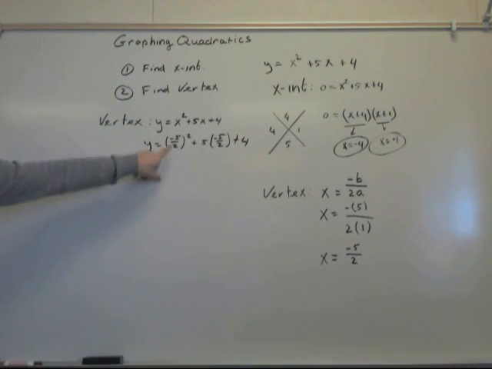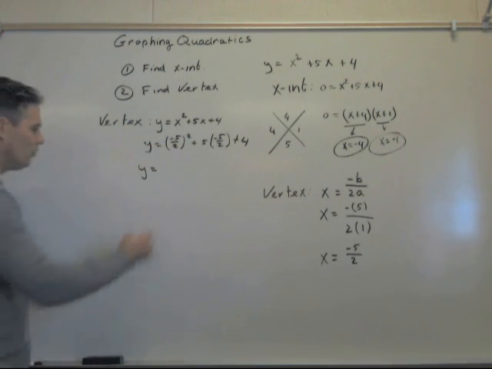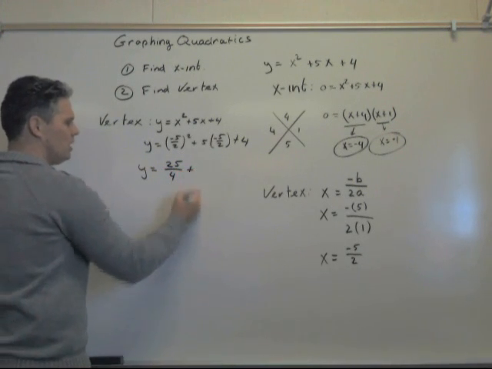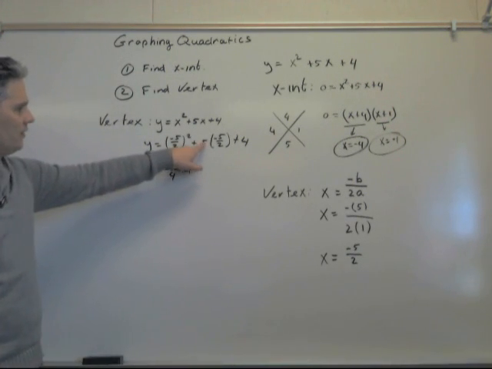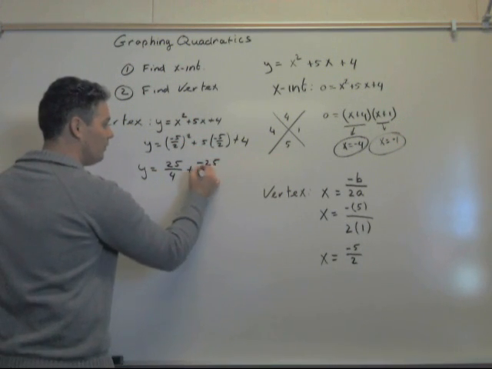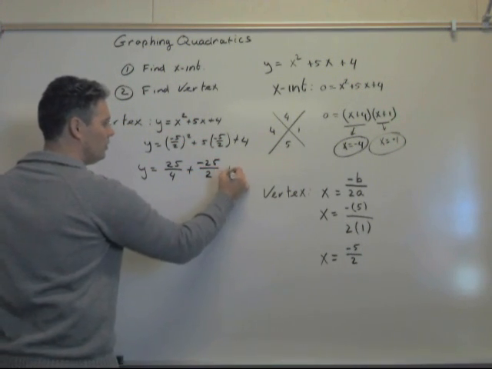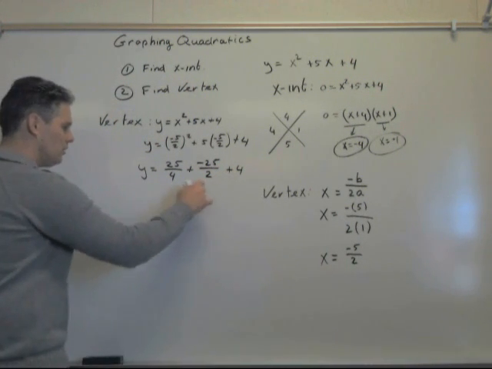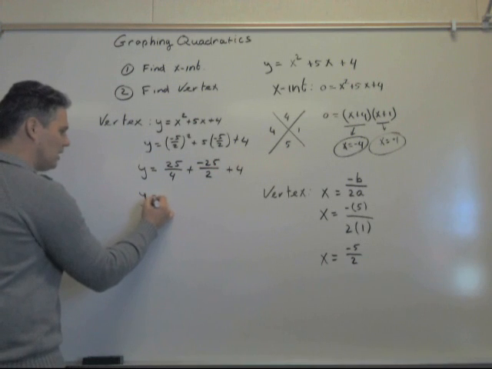So you get y equals, now negative 5 squared is 25, 2 squared is 4, so this becomes 25 over 4. This here, 5 times negative 5 over 2 becomes negative 25 over 2, and then plus the 4 on the end here. Now, I need common denominators to add these together.